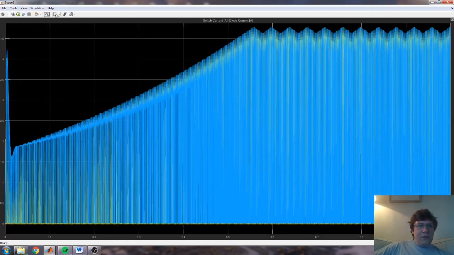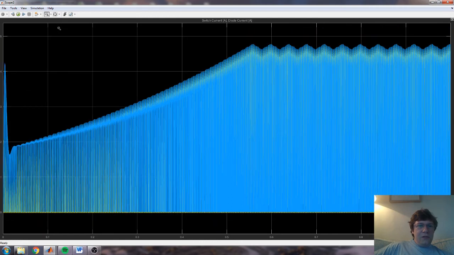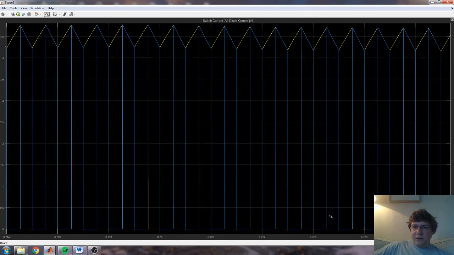We take a quick look at the waveforms that you'll find in textbooks. We have switch current in yellow and diode current in blue, and you could integrate the area under here and get the energy if you wanted to. Or rather, you get the charge and then you could use the voltage and then you could get the energy. And you can see that this is what you'd expect.